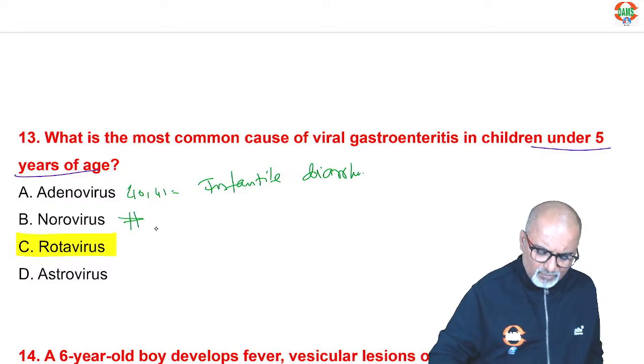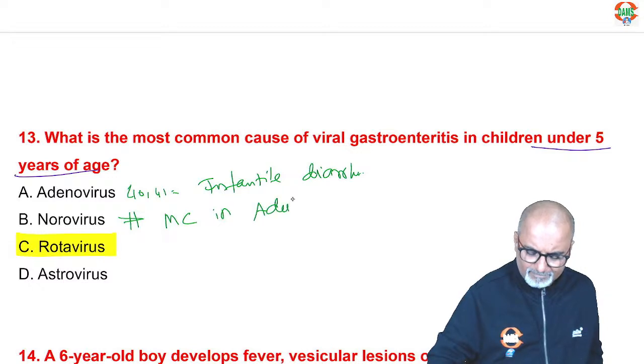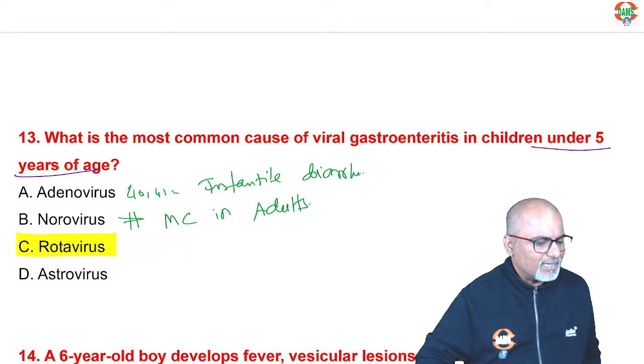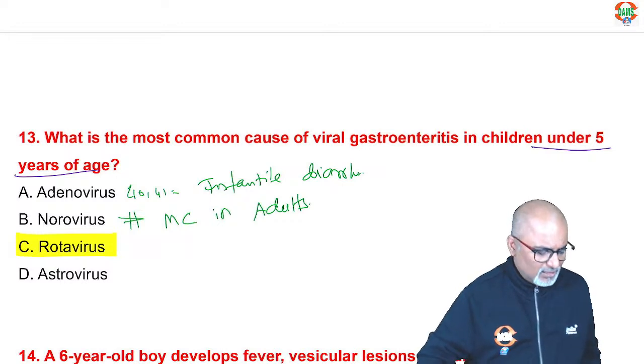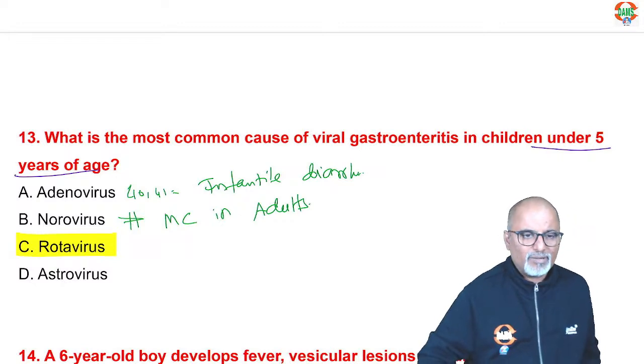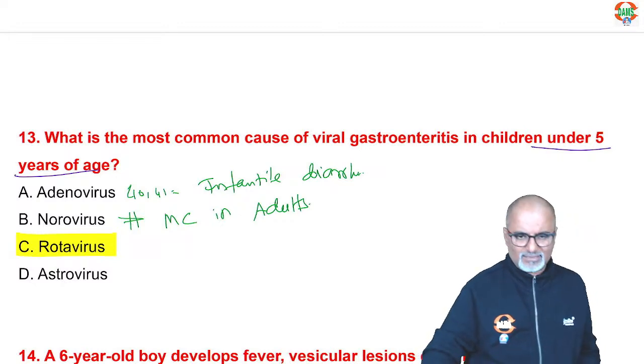Norwalk virus or norovirus is most common in adults, and in children it is rotavirus. Astrovirus also causes gastroenteritis, but the most common in children is rotavirus. Direct question.